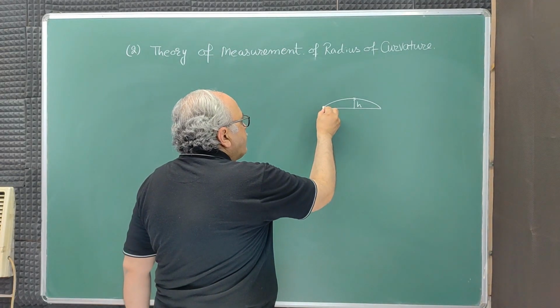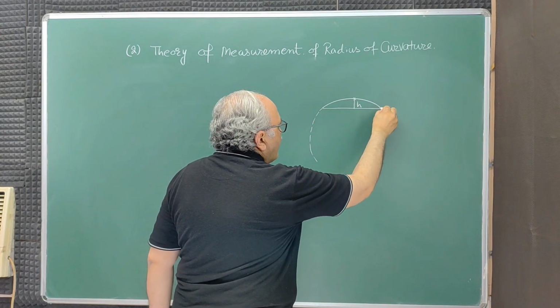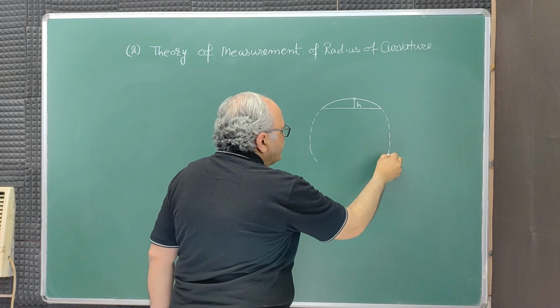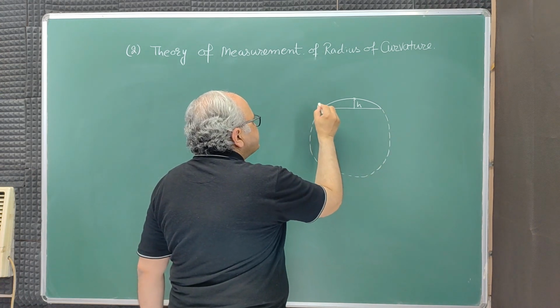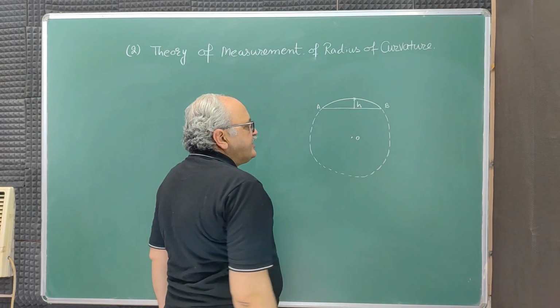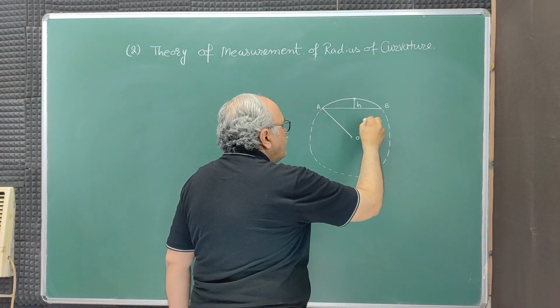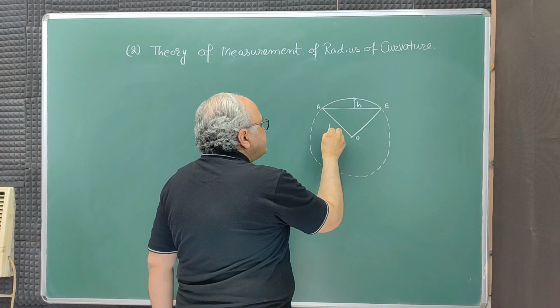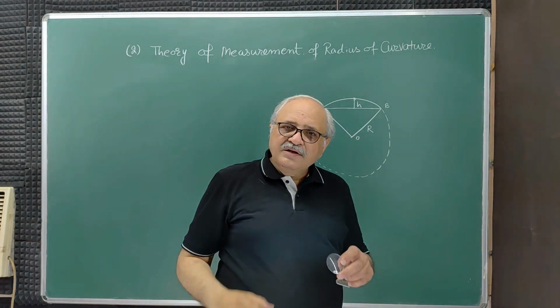Now let's complete this sphere to understand how we can calculate it. If I complete the sphere, let me say this point is A and this point is B, and this is the center O of the spherical surface. So joining A to O and B to O, these distances are nothing but the radii of curvature of the spherical surface.